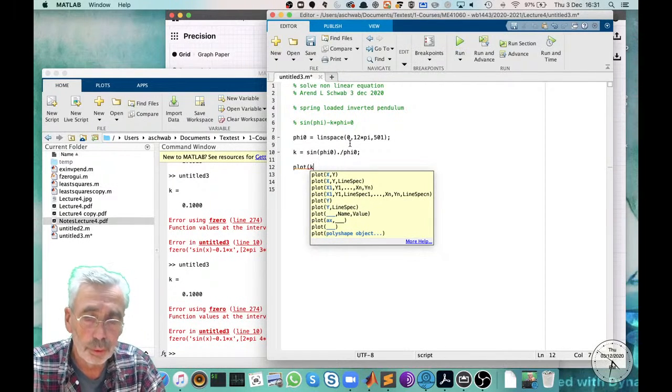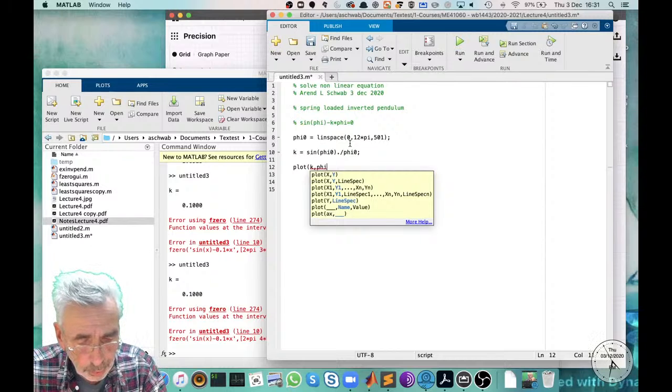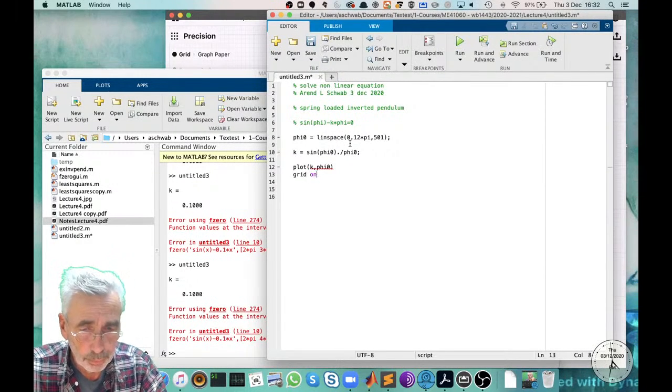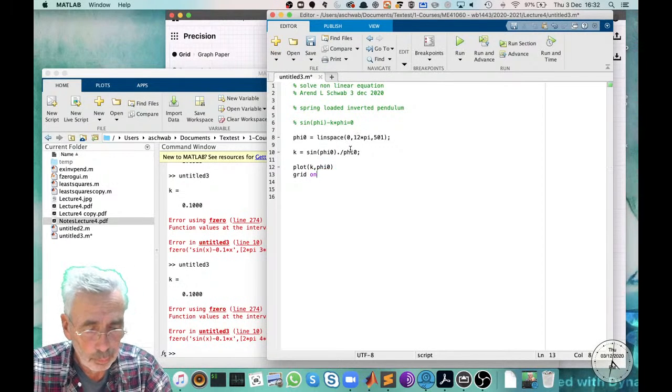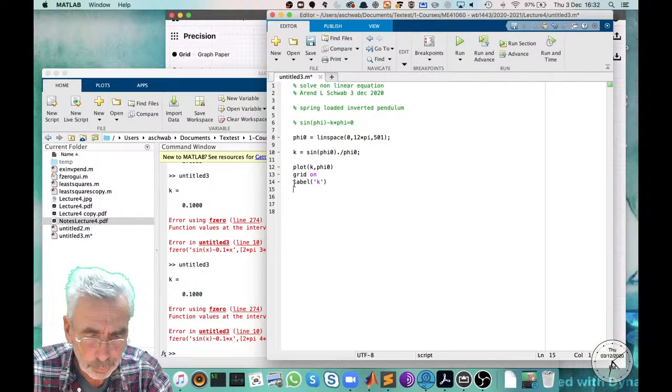k on the horizontal, and then we want to know what equilibrium angles go by that. Grid on, and then maybe we label k value. No, that's x label, sorry.